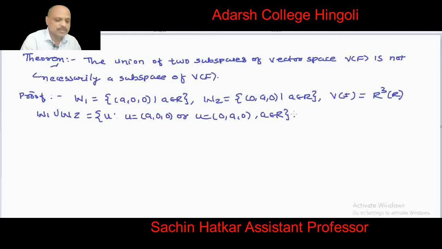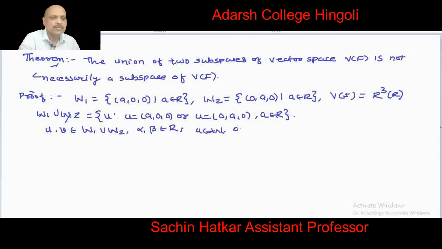For that purpose, we take two elements u, v belonging to W1 union W2 and alpha, beta belonging to R. We have taken the field of real numbers, therefore they belong to R. Then u, v are members of W1 or members of W2. To be specific, we take u belonging to W1 and v belonging to W2.